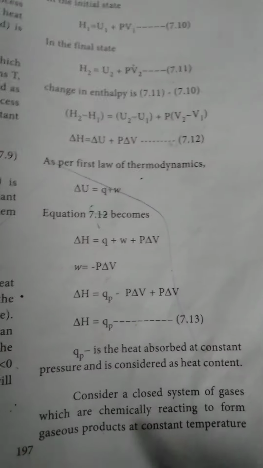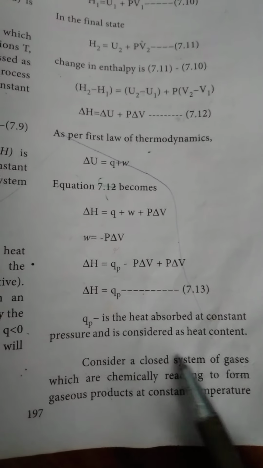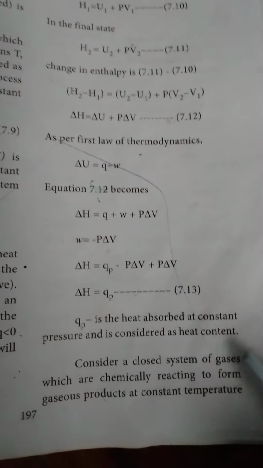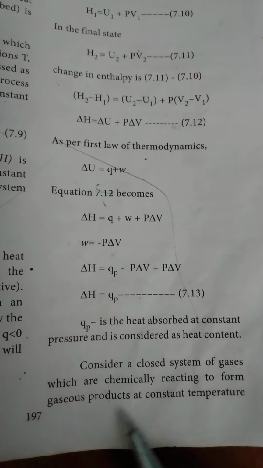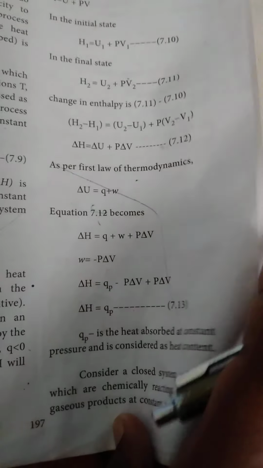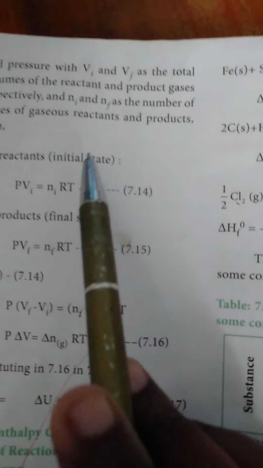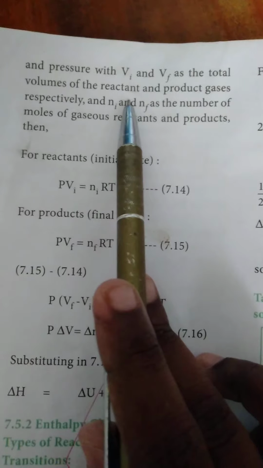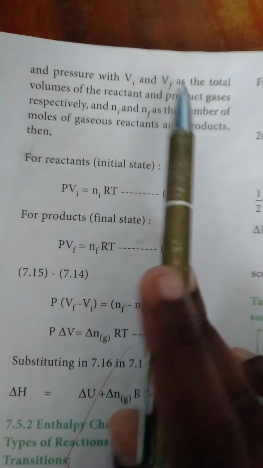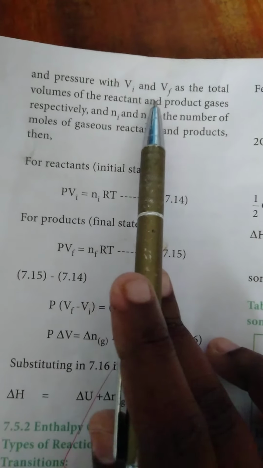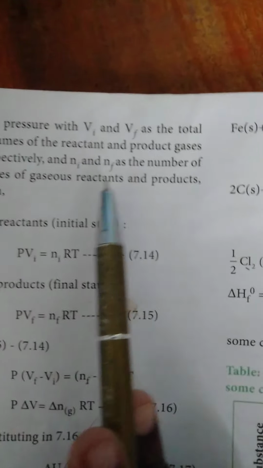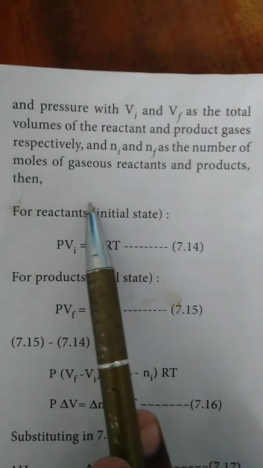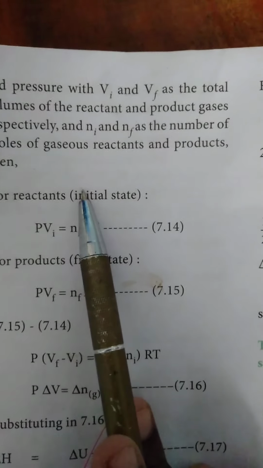Understand? Then next, consider a closed system of gases. This one reacting to form gaseous products at constant temperature and constant pressure, with the reactants and products. They have given Vi and Vf as total volume of reactants and products, Ni and Nf as the number of moles of reactants and products.